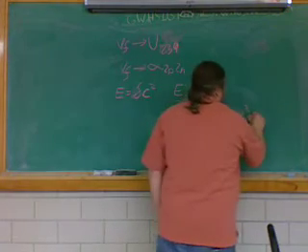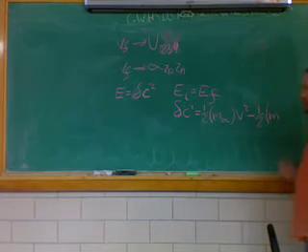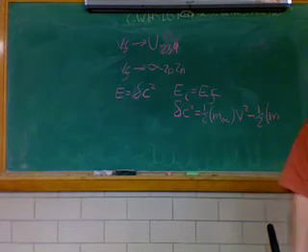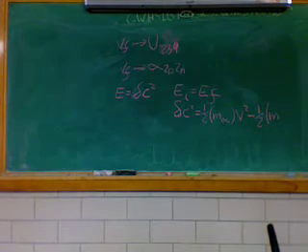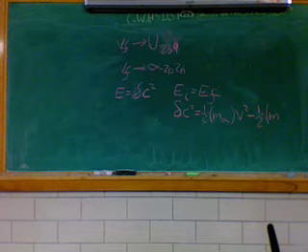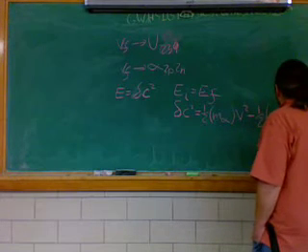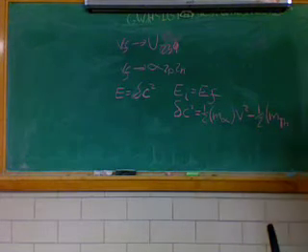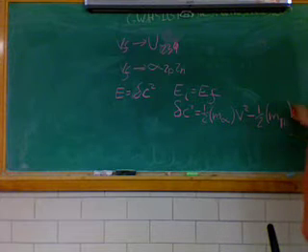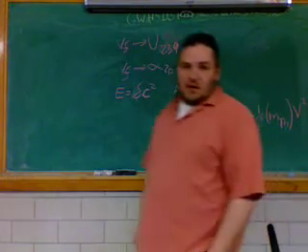plus 1/2 the mass, and it's no longer uranium. It'll go down 2 on the periodic table, which makes it what, thorium? But it's going to be a heavy one, times the velocity of that squared. Okay?